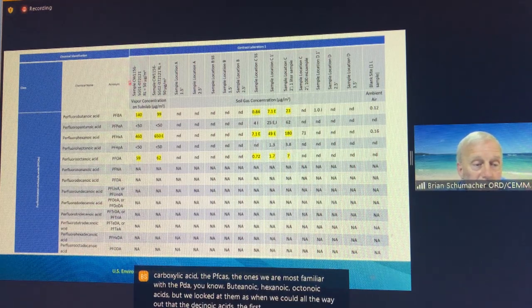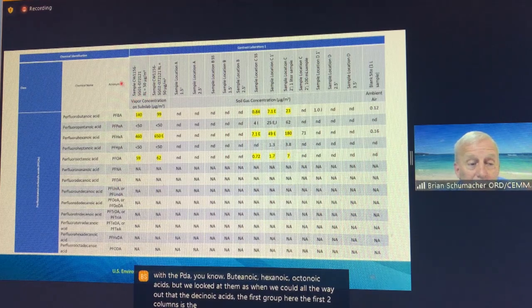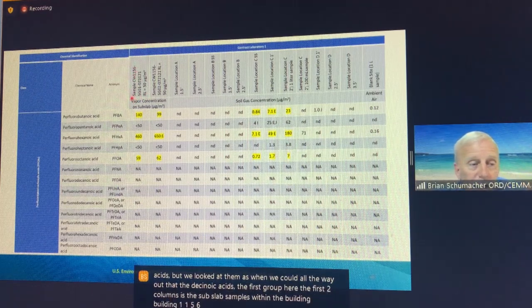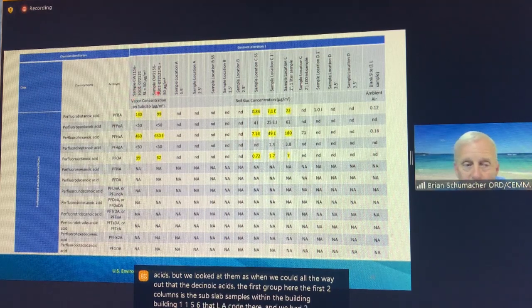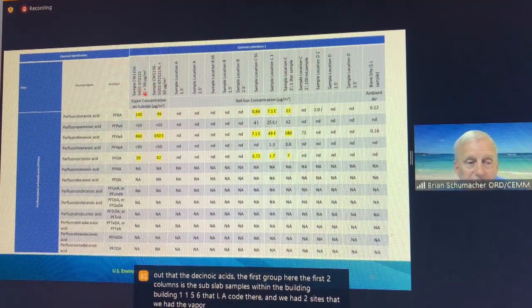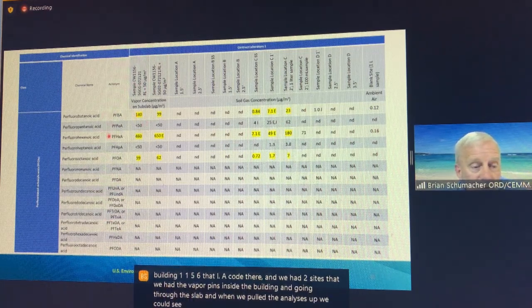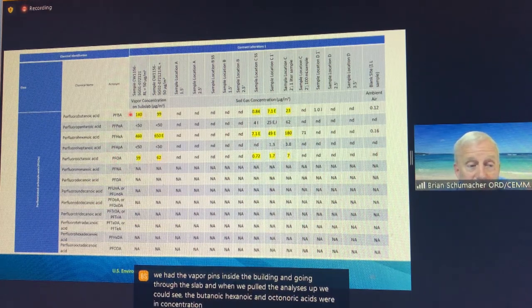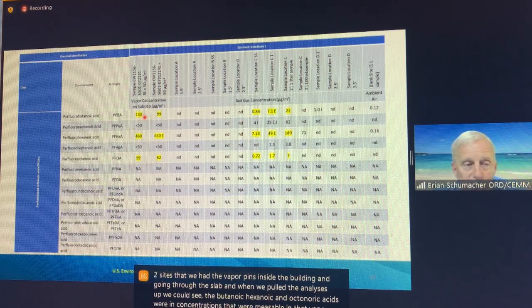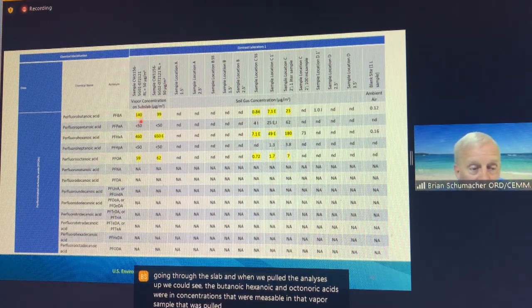The first group here, the first 2 columns, is the subslab samples within building 1156, that little code there. We had 2 sites where we had the vapor pins inside the building going through the slab. When we pulled the analyses up, we could see the butanoic, hexanoic, and octanoic acids were in measurable concentrations in the vapor sample pulled from that particular location.